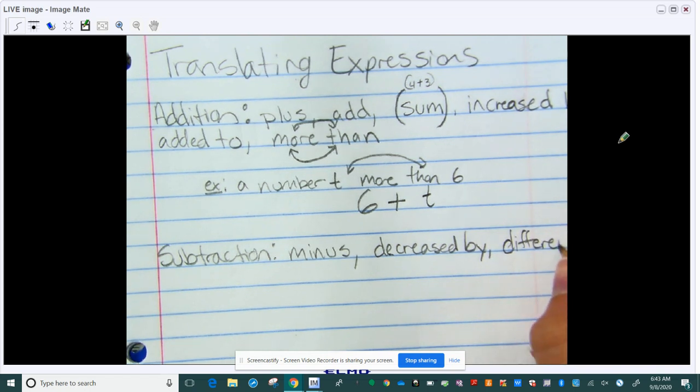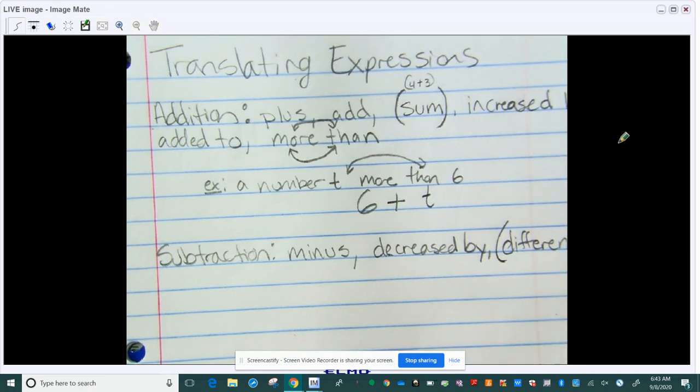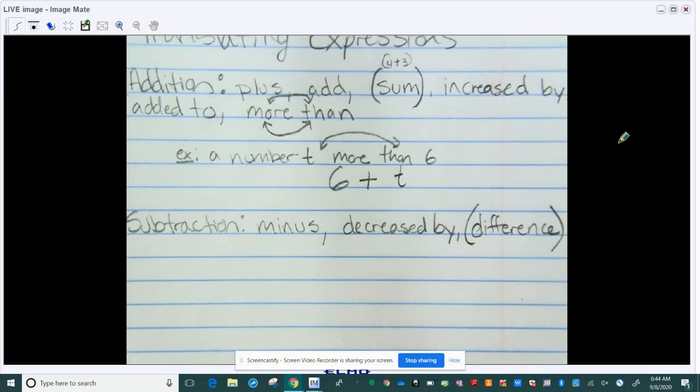Difference is again that answer to a subtraction problem. So if we see that word difference, we're going to put parentheses around. Oh, sorry. Didn't realize that was off the screen. So difference means the answer to a subtraction problem. So we need to subtract first before anything else. So you're going to want to put parentheses around that.